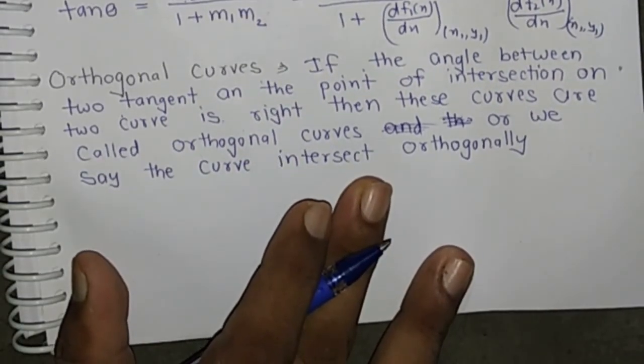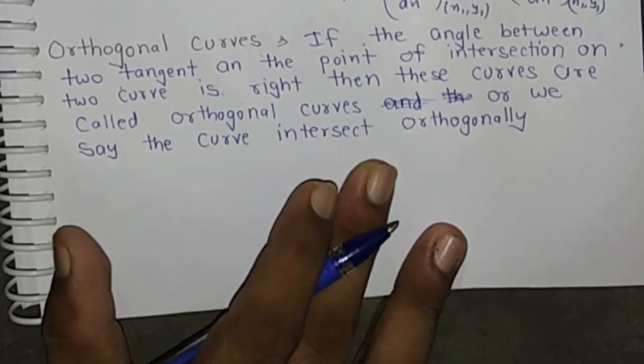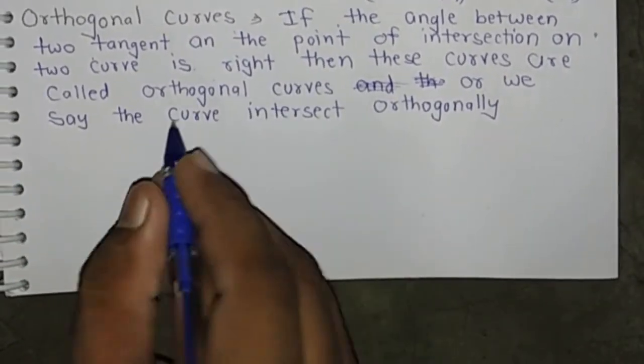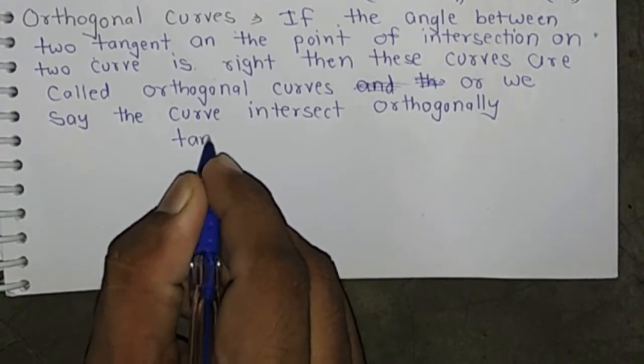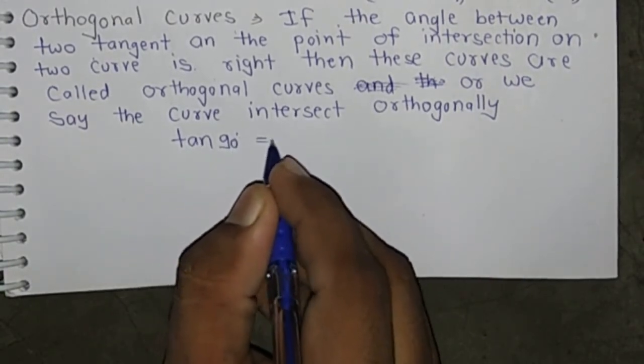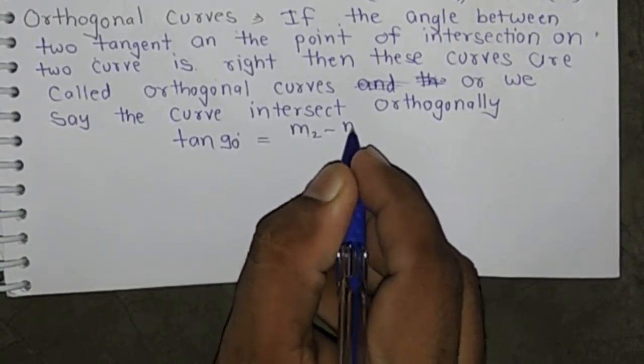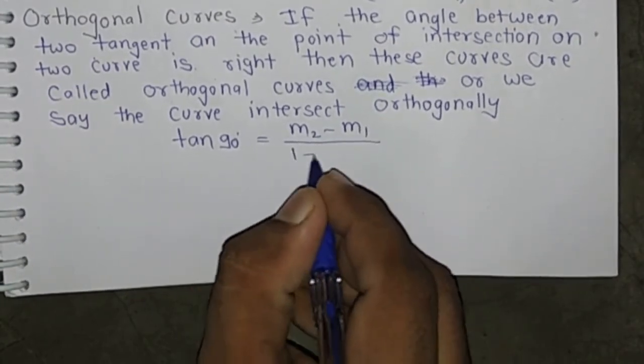Now if the angle between two tangents is 90 degrees, means tan 90 equal m2 minus m1 by 1 plus m1 m2.